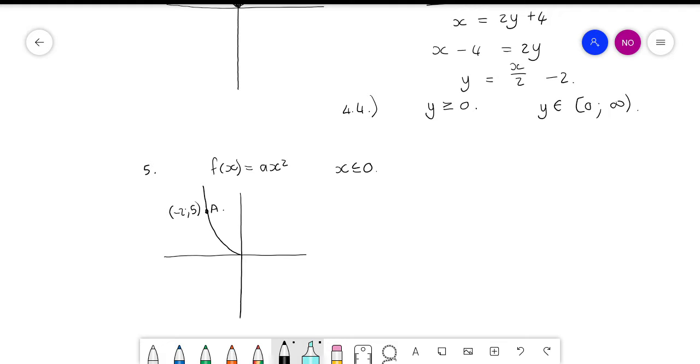Goed, so as jy kyk na die vorm van daai ene, dit lyk soos 'n halwe parabool. So they just limited the domain to only negative x values.